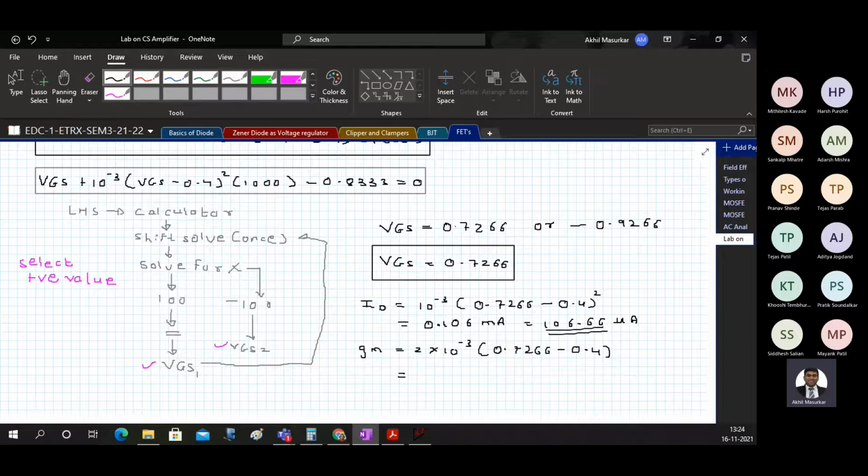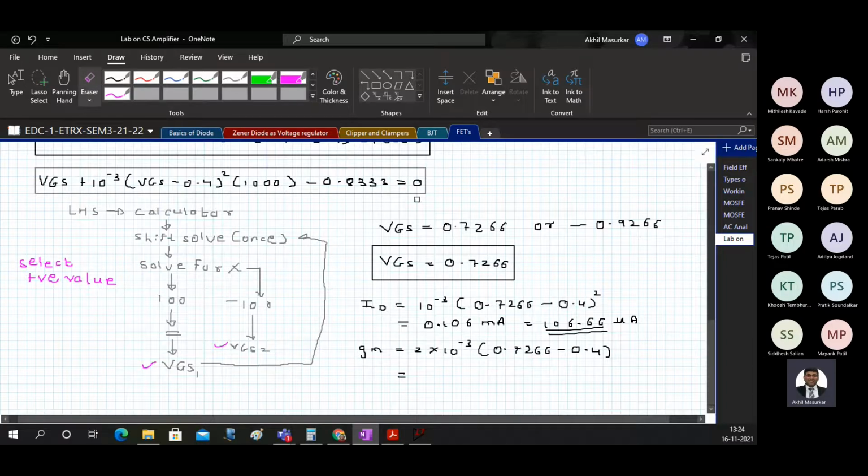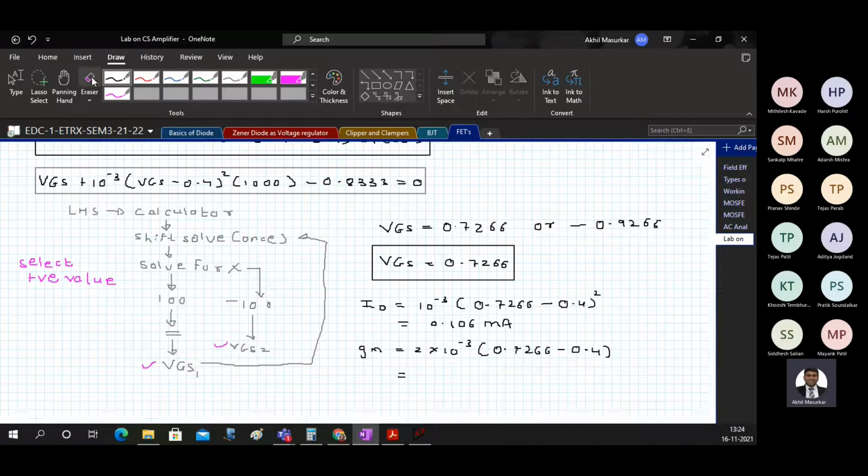Okay, I got what you are saying. So we'll just leave it like this: 0.106 amperes, which is 106 milliamperes.